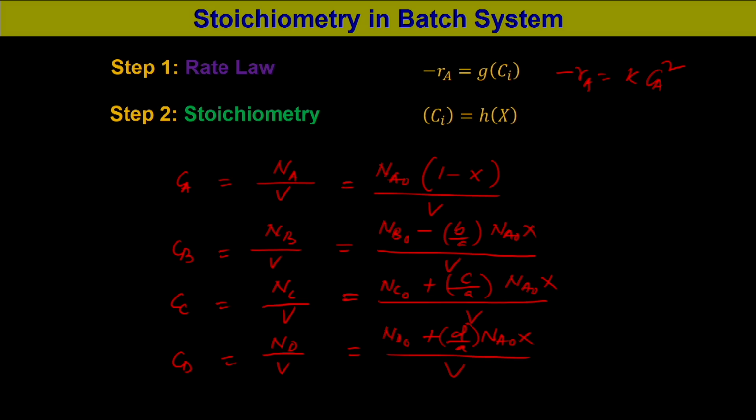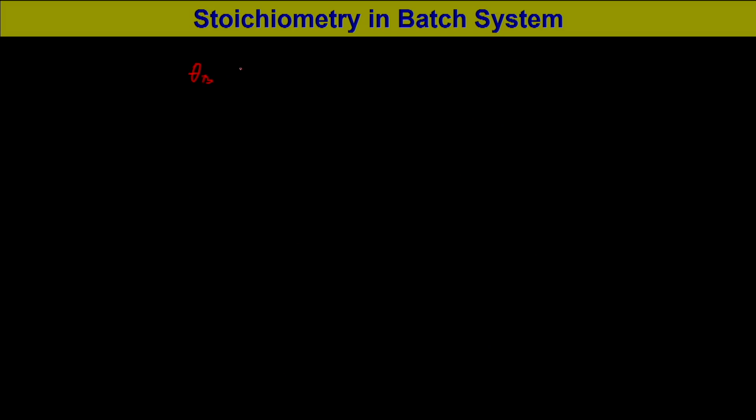Now, we can further simplify these terms by defining theta b as Nb naught by Na naught, theta c as Nc naught by Na naught, and theta d as Nd naught by Na naught.